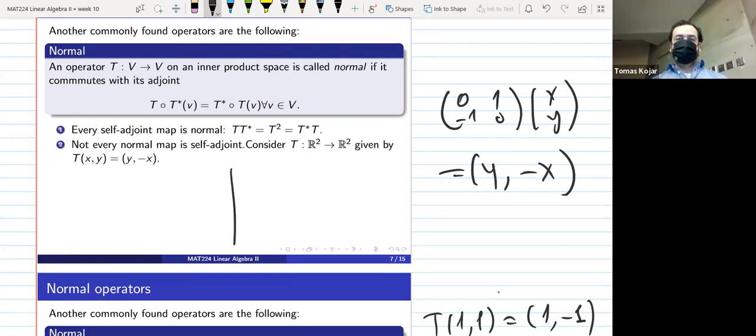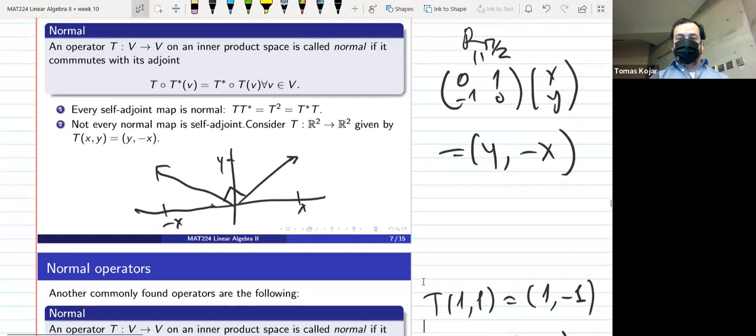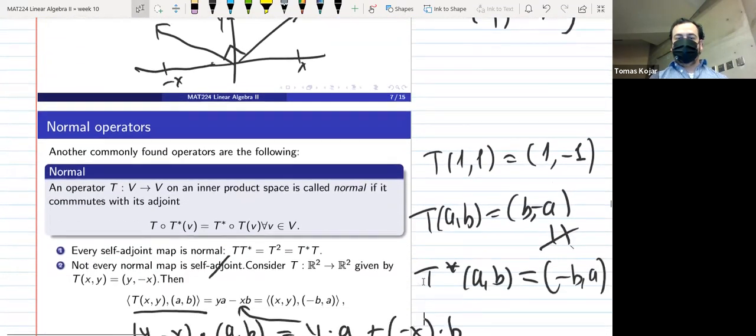So pictorially, you take x, y, and what do you do? So this is y, this is x. All right. So it's the rotation matrix by 90 degrees. And this guy is normal, but not self-adjoint.